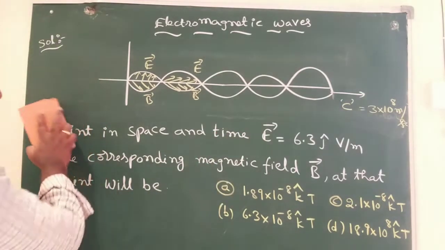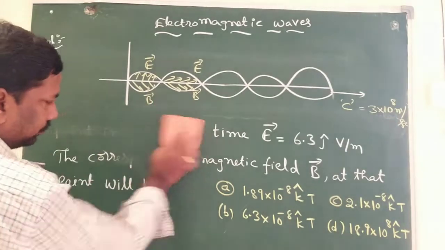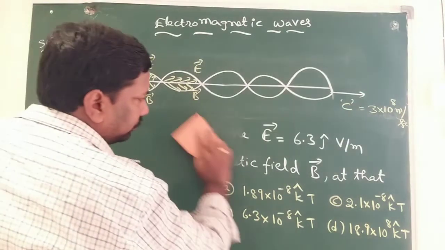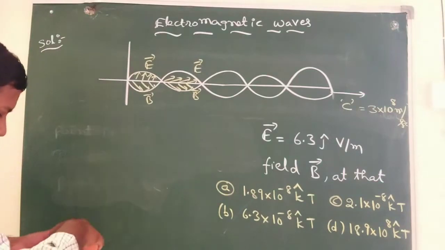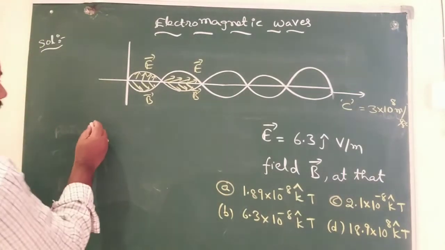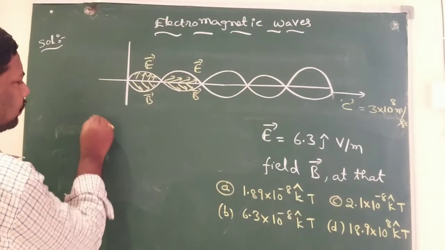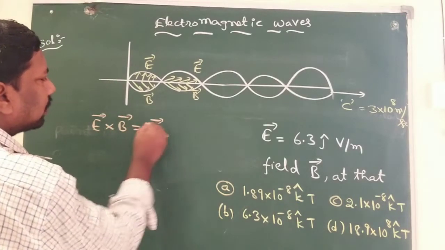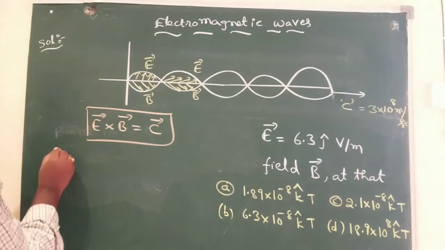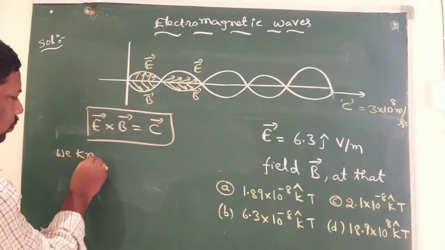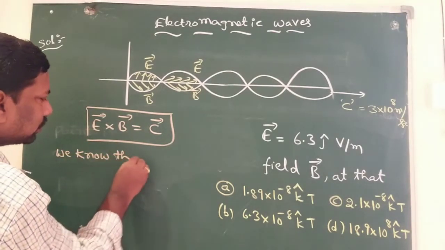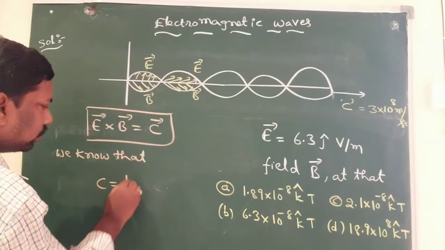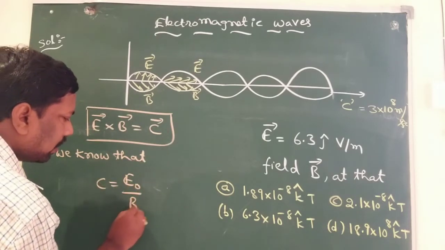Therefore E bar cross B bar is equal to C bar. So we know that C is equal to E naught by B naught.